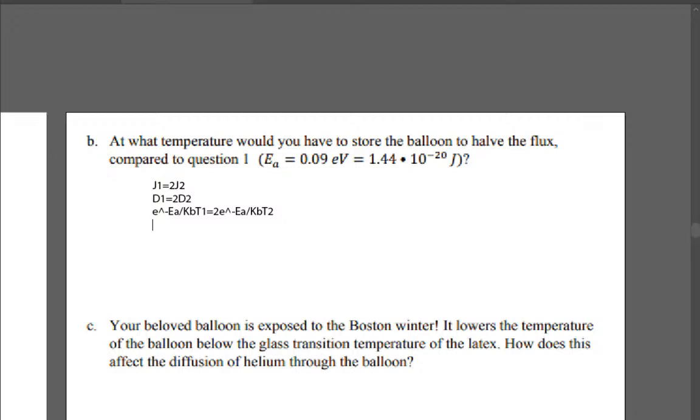At this point I'm just trying to find what T2 is. My first intuition is to take the natural log of both sides, which must equal the natural log of 2 plus that other number, negative EA over kB T2.